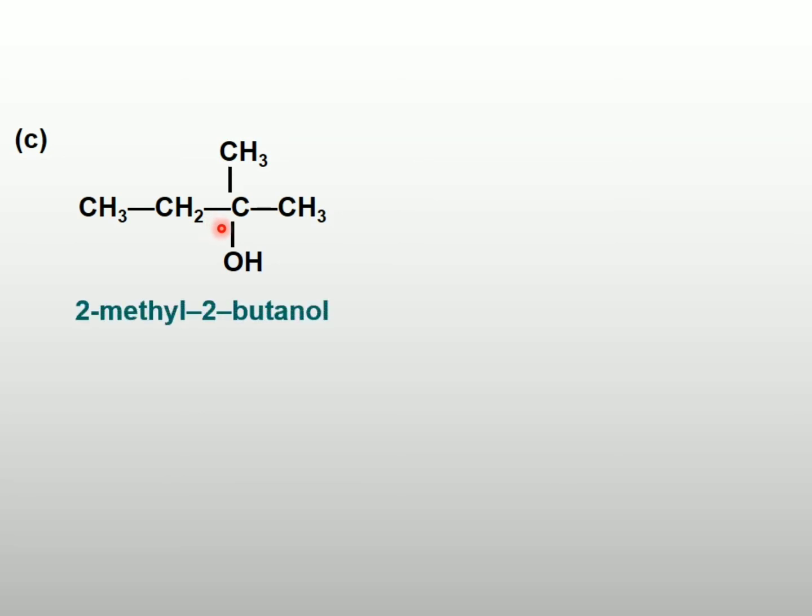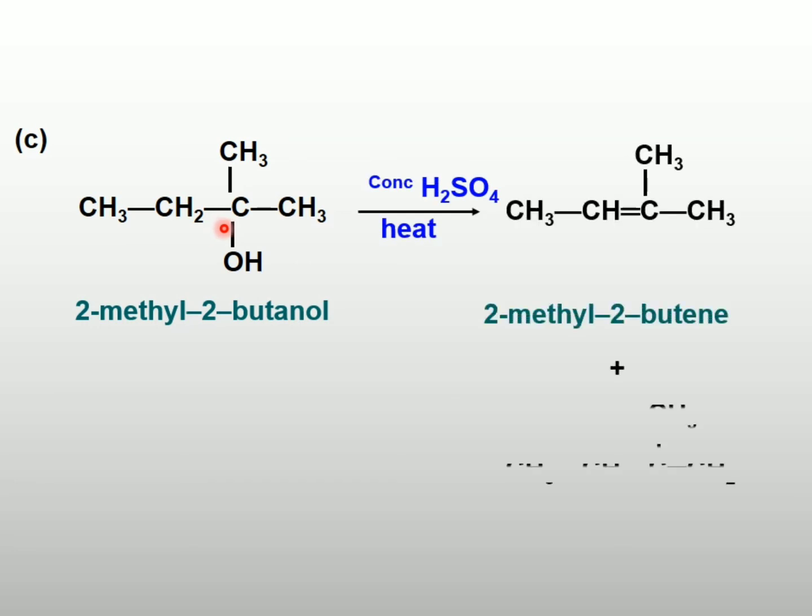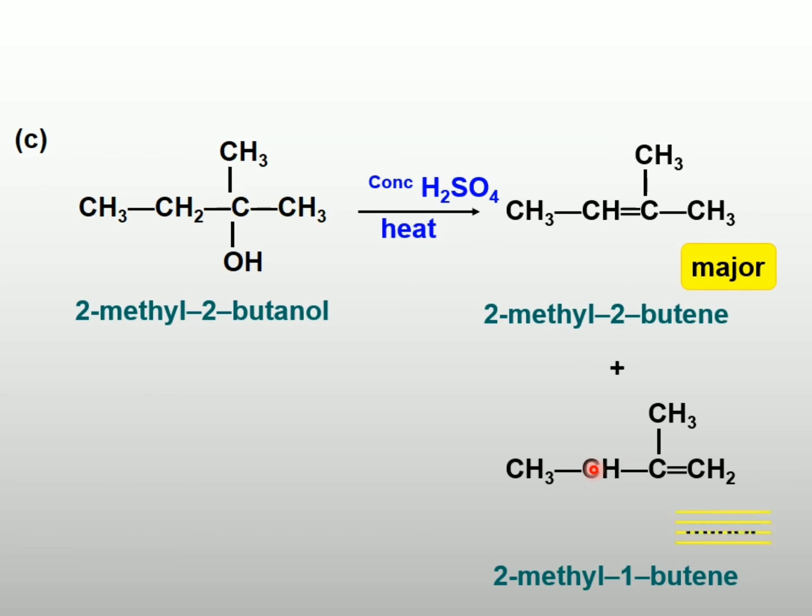So the dehydration of 2-methyl-2-butanol under concentrated sulfuric acid and heat gives 2-methyl-2-butene and 2-methyl-1-butene. Based on the substituents, this carbon-carbon double bond has 1, 2, 3, so it has 3 substituents, and 2-methyl-1-butene only has 2 substituents. So 2-methyl-2-butene will be the major product, and 2-methyl-1-butene will be the minor product.